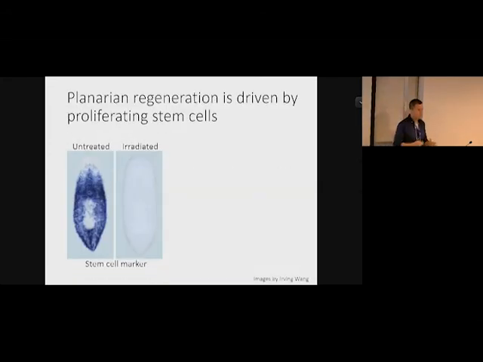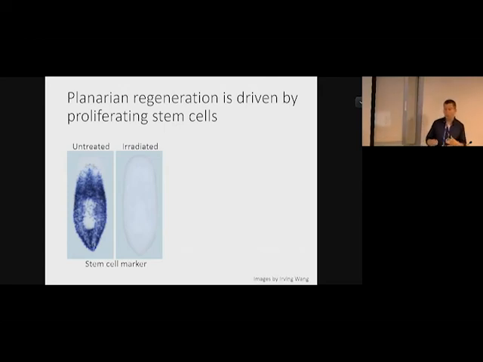In planarians, the cellular source for growing the new tissue are adult stem cells called neoblasts. You see those neoblasts here labeled in blue, and you can appreciate that they are extremely abundant.